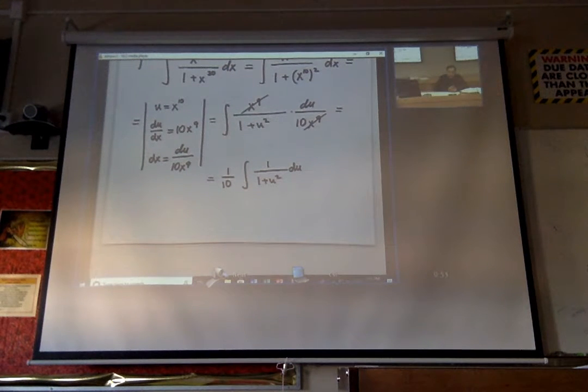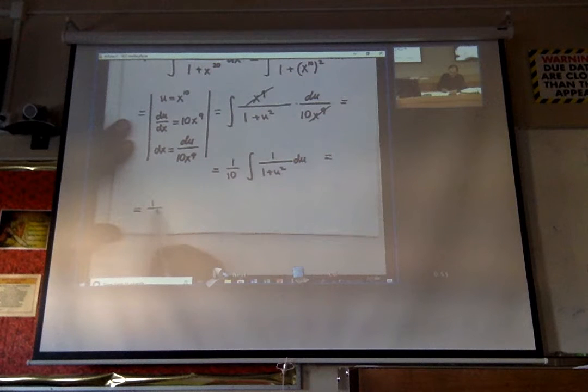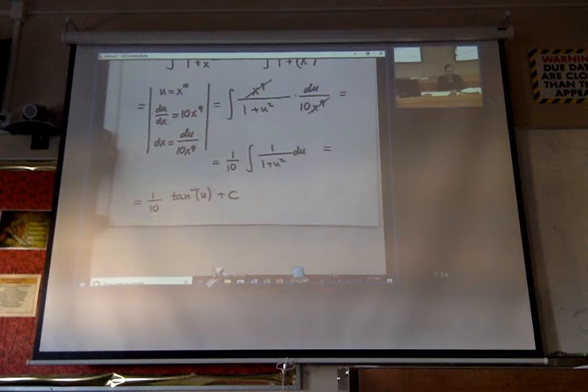I know we did inverse tangents a couple of times, but it's just one of those. So we have 1 over 10, and we have inverse tangent of u. That's what the antiderivative is, and that's from the list of antiderivatives from section 5.4. And plus c. Don't forget, this one is the indefinite integral.